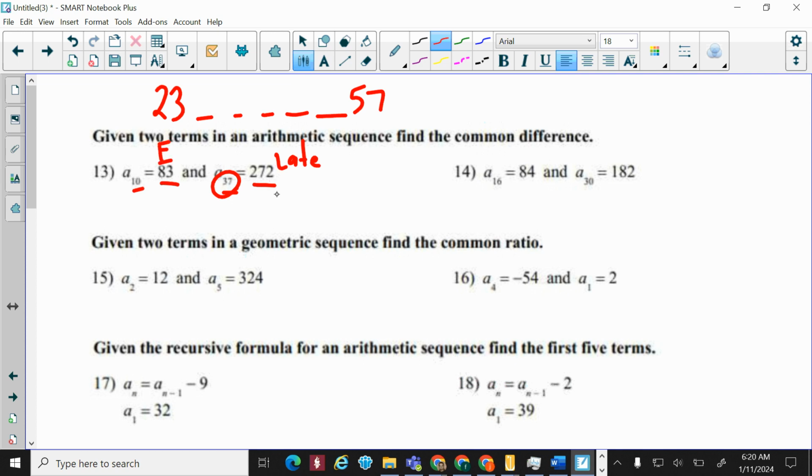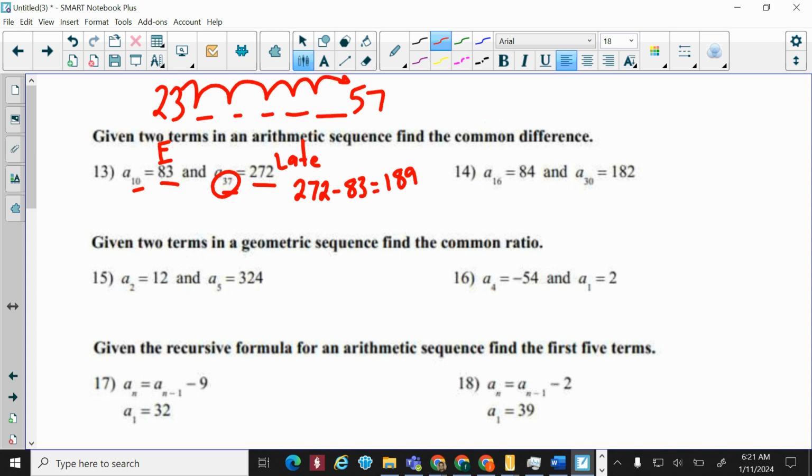When you're figuring this out, the first step is to take the later term, which is 272, and subtract the earlier term, 83. So 272 minus 83 gives you 189. Now this is where it changes a little bit. In the last question, you would take 23 and add the steps.